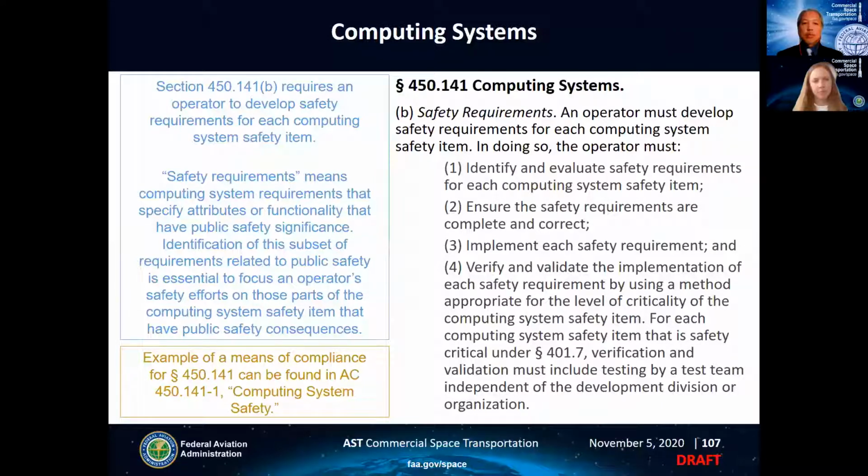One point of specificity in this regulation is that for each computing system safety item that is safety critical by the definition of 401.7, verification and validation must include testing by a test team independent of the development division or organization. And that level of independence is further defined in the AC. Next slide.